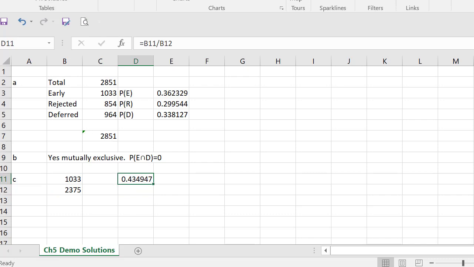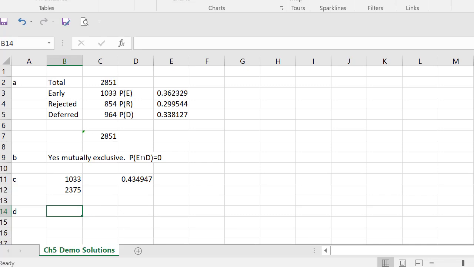So the probability is 43.49%. I'm not sure I was recording here, but we have the 1,033 here and the 2,375. That's the number of students that were admitted, and so the probability is this number divided by this number, which is the formula I put in here, and so that's 0.4349 or 43.49%.